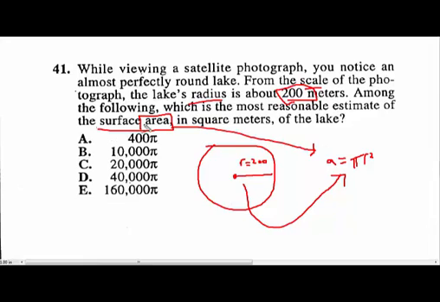We want to know the surface area, so let's calculate it. A equals pi 200 for the radius, which they give us, squared. Next thing we want to do is find out what 200 squared is. 200 squared is going to give you 40,000. So that means area equals pi 40,000.